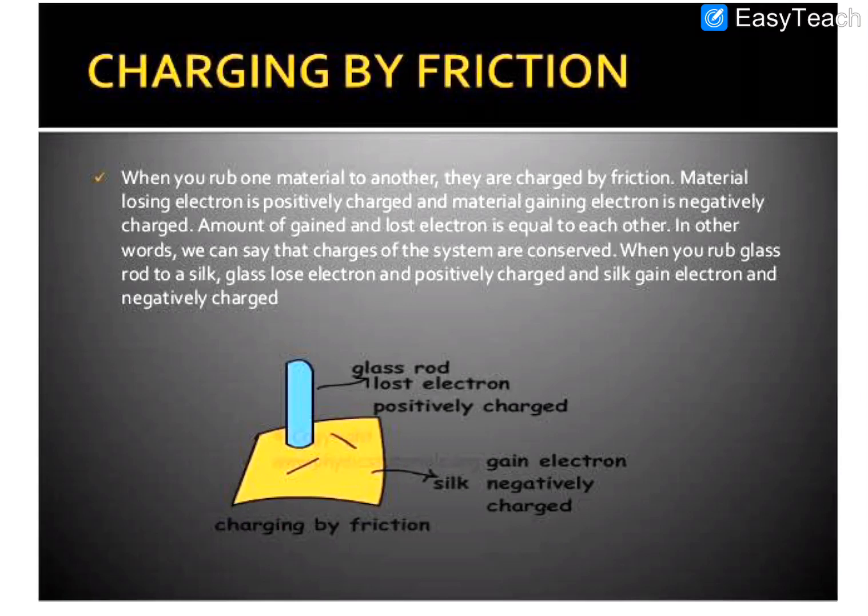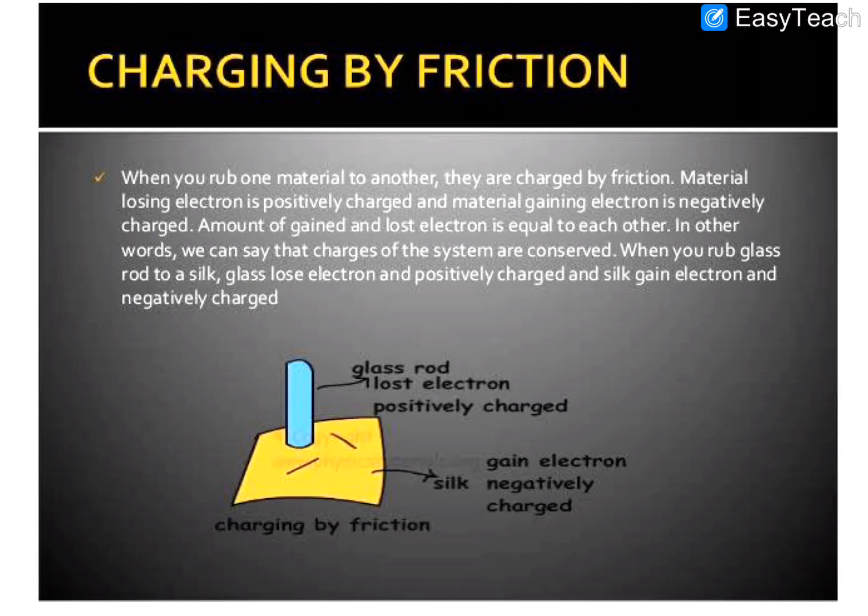So initially both are neutral objects. Now glass rod is having some charge and the opposite charge will be there on the silk cloth. So you are actually converting a neutral object into a charged object by rubbing together. This is called charging by friction.